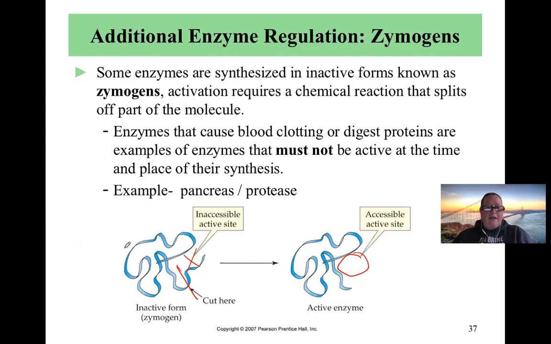It makes a zymogen, and that goes out into the body where it's needed, and it will get cleaved. The enzyme will become active, and the proteases can start breaking those peptide bonds between the amino acid residues in proteins. Again, our pancreas is made of proteins, so we don't want it working there because it would destroy the proteins in our pancreas. That's not good.